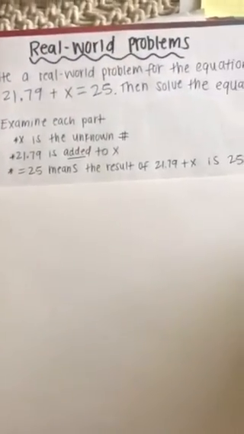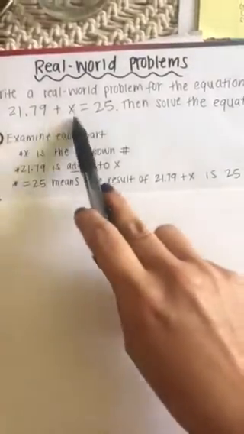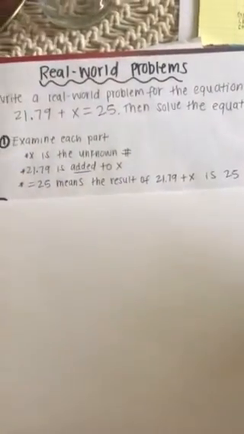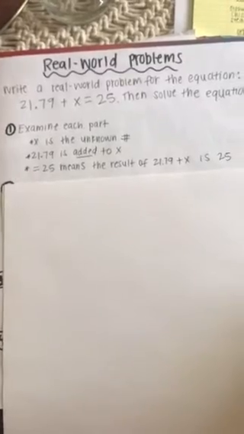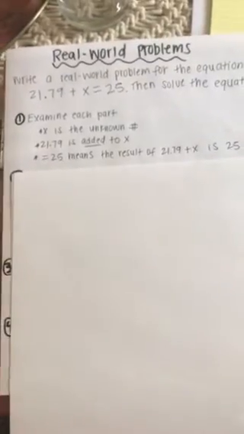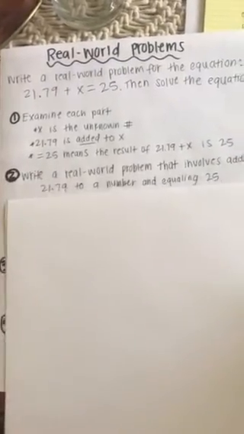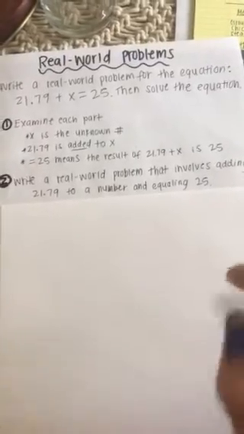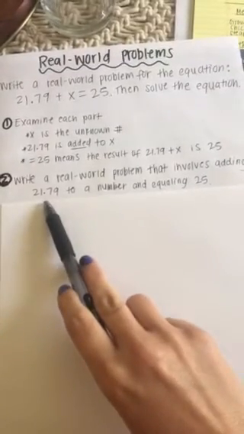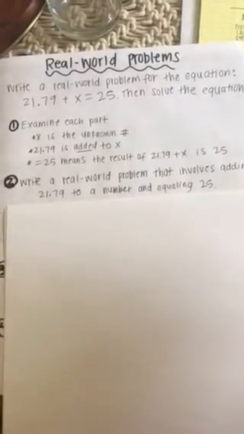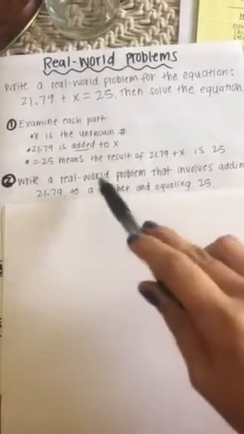And equals 25 means that when I add these two numbers, the result will be 25. After examining this problem, you need to write a real-world problem that involves adding 21.79 to a number, because we don't know what x is. But you have to make sure that whatever you add it to, it has to equal 25.